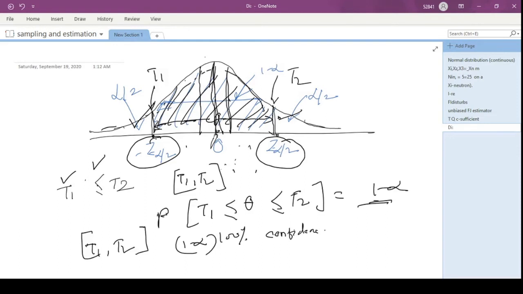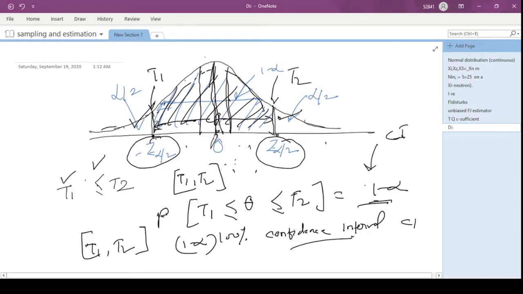This is a basic understanding of the confidence interval, CI. And 1 minus alpha is known as the confidence coefficient, or confidence level.